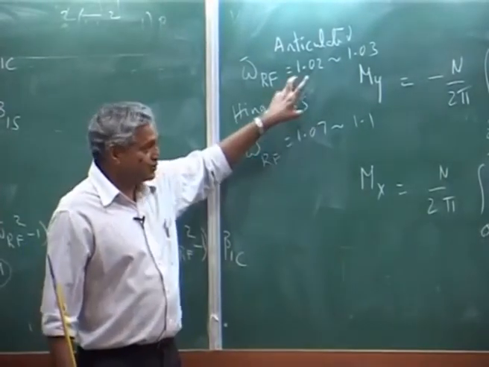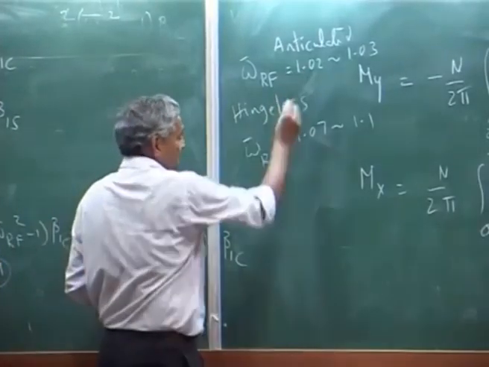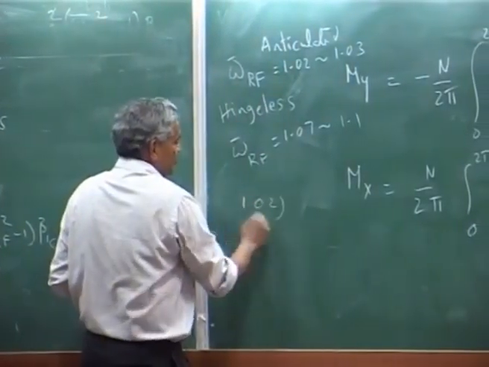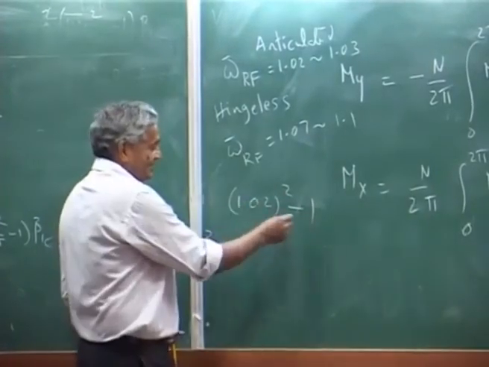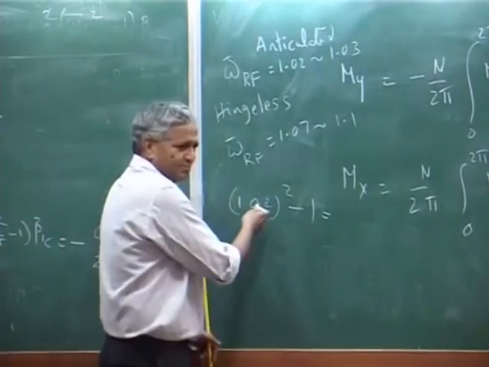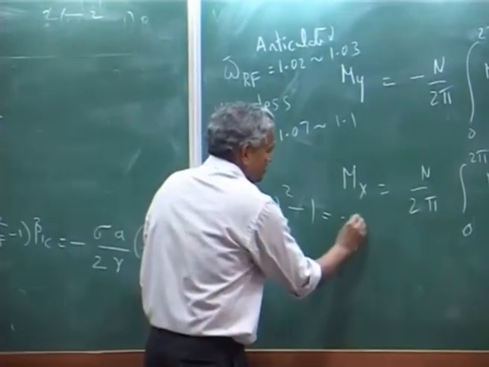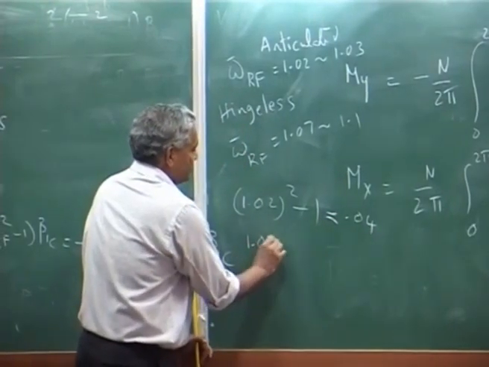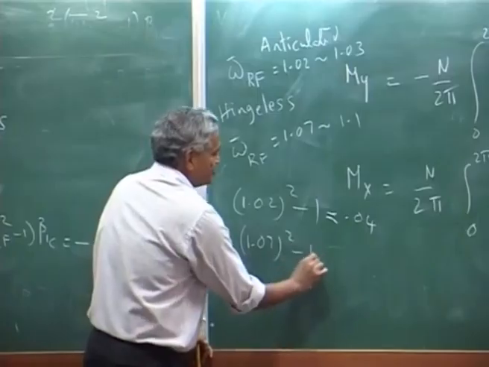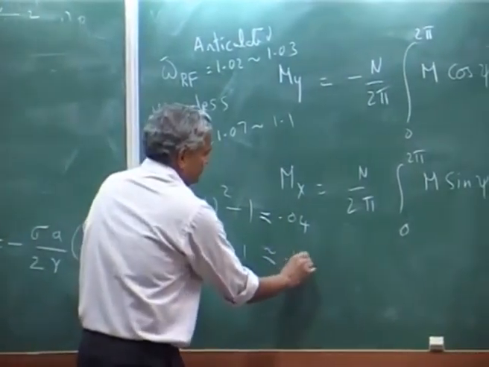Whereas, if you substitute the square and then get the hub moment, that is 1.02 square minus 1, this factor will be 0.04 approximately, whereas here 1.07 square minus 1, this is 0.14.